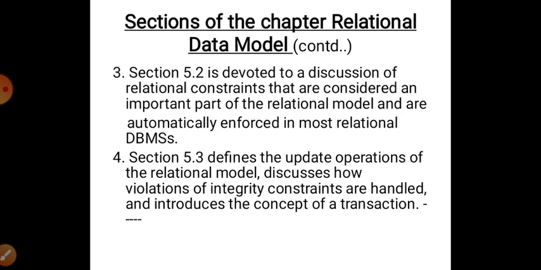So students, section 5.2 is devoted to the discussion of relational constraints. Here we are talking about the constraints that are going to be a very important part of the relational model, and which are automatically enforced by most relational database management systems.